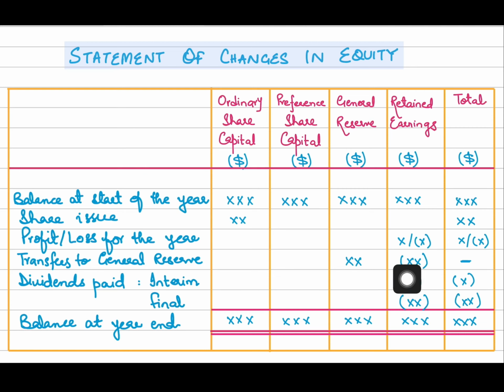So you subtract that amount from retained earnings and you add the same amount in your general reserve. That is why there is no effect on the equity. You increase one item of equity and you decrease the other component, so there is net no effect. And lastly, if any dividends are being paid, so they are also being paid from the retained earnings, so they decrease your retained earnings, and then you will have your final balances.